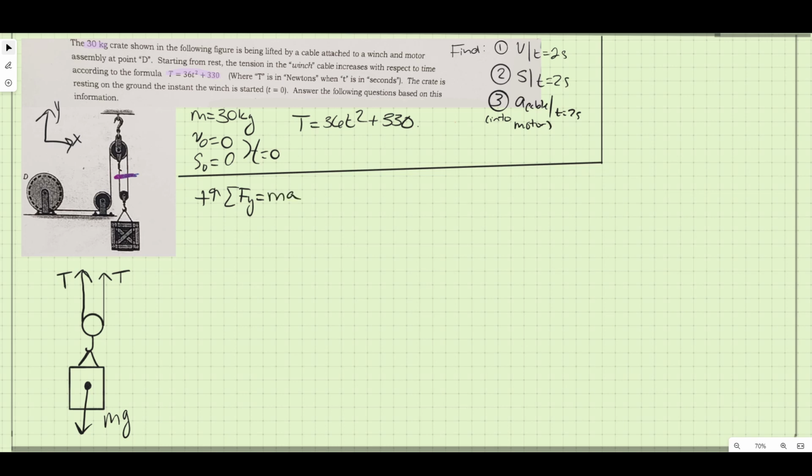Our forces will be the T going up and the mg going down, but we have two T's going up, so it'll be 2T minus mg equals ma, and we want to solve for acceleration. So it'll be 2T minus mg over m, and to make this a little bit simpler, we're going to split the fractions. So our final equation will end up with 2T over m minus g equals acceleration.